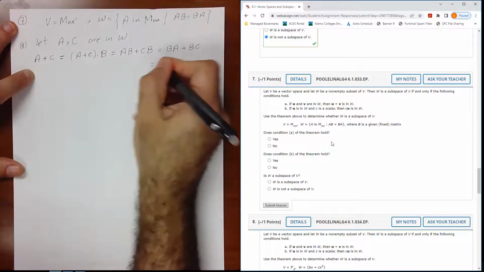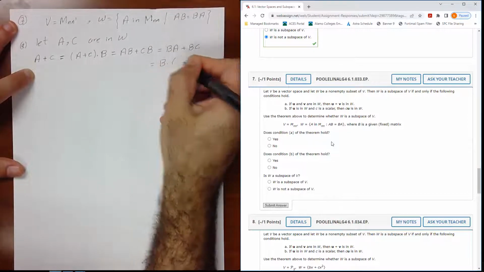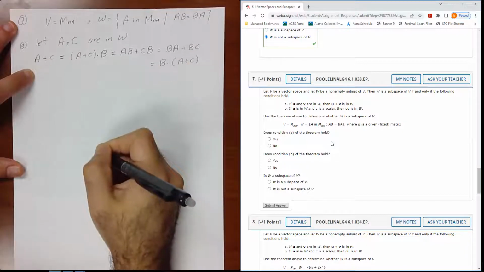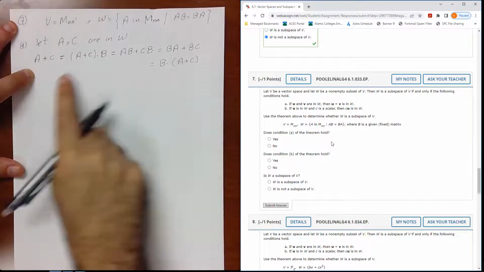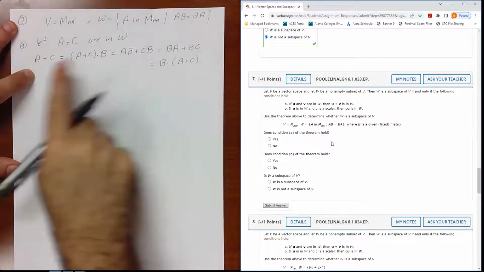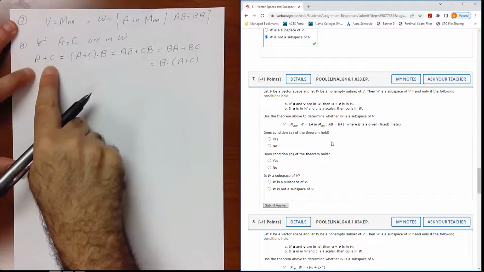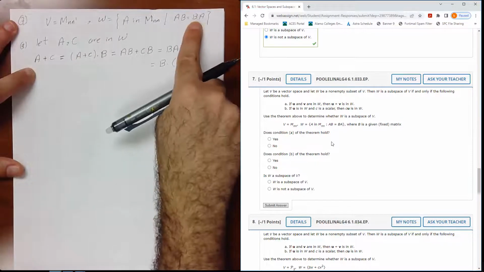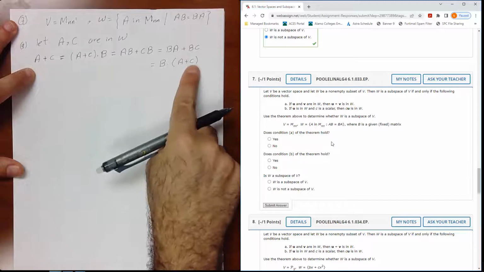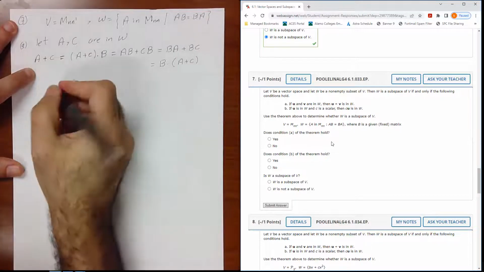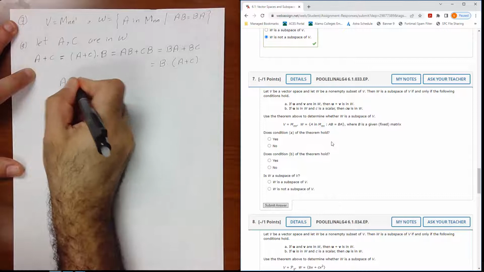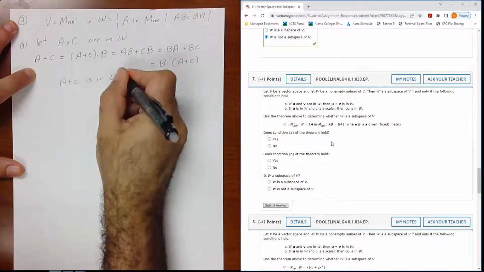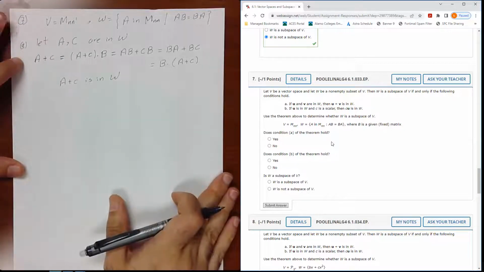That means this equals B times A plus C. So we satisfy the condition: the addition of these two matrices is equal to B times the matrix A plus C. That means A plus C is in W. This is the first condition.